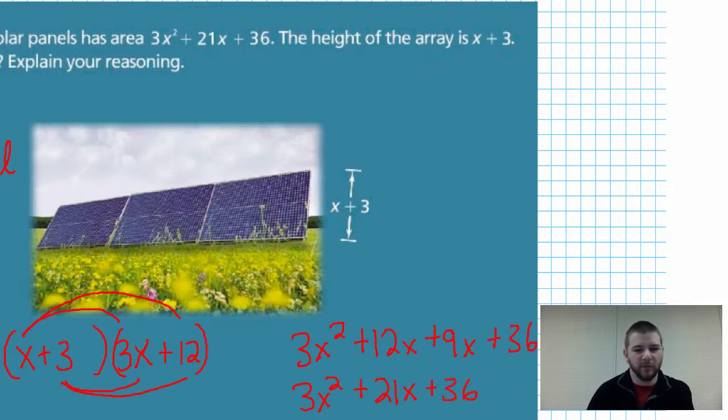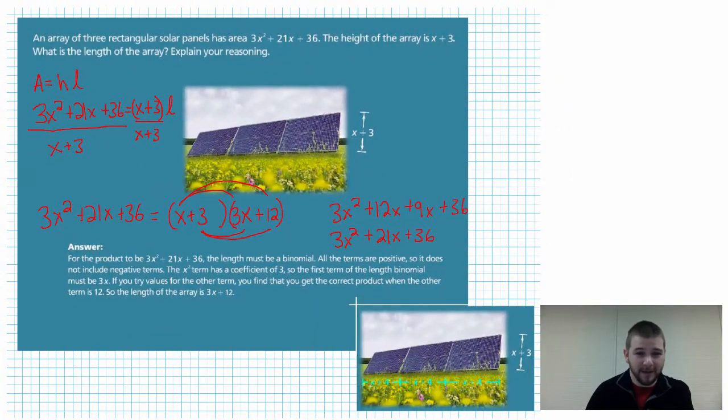And sure enough, we've arrived back at the trinomial that we were attempting to factor. Therefore, the solution, the length of the array, is the value that when multiplied by x plus 3 equals 3x squared plus 21x plus 36. And that's shown right here in our work. So the length of our array is 3x plus 12.